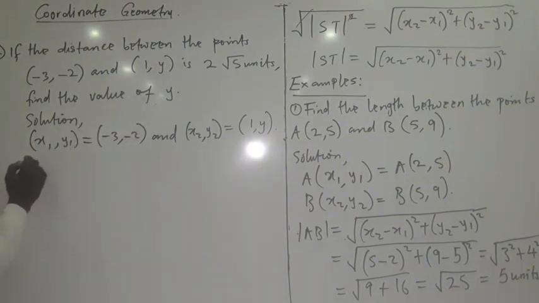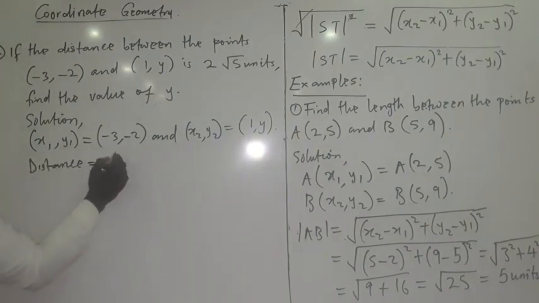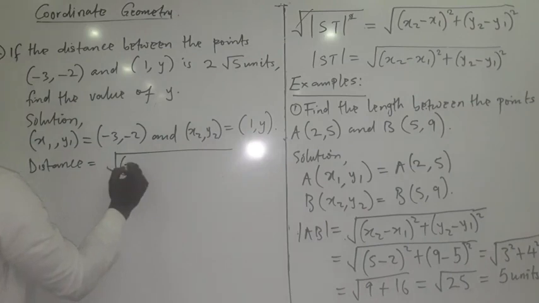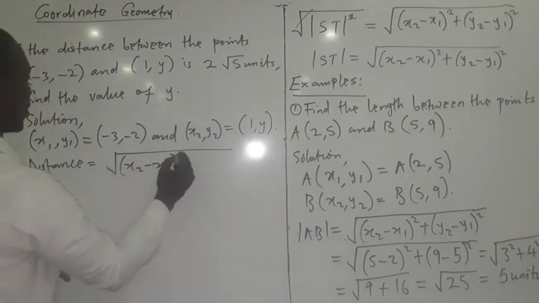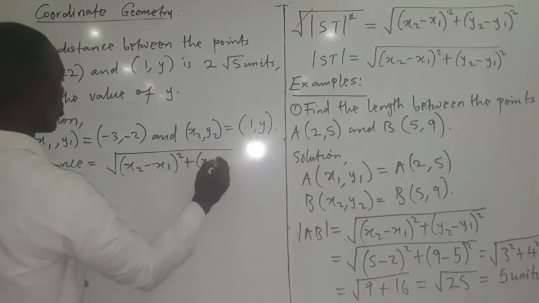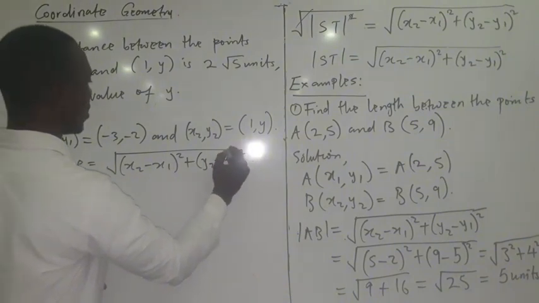When we are given the distance, 2 root 5, what is the distance formula? The distance formula is the square root of (x2 minus x1) squared plus (y2 minus y1) squared.